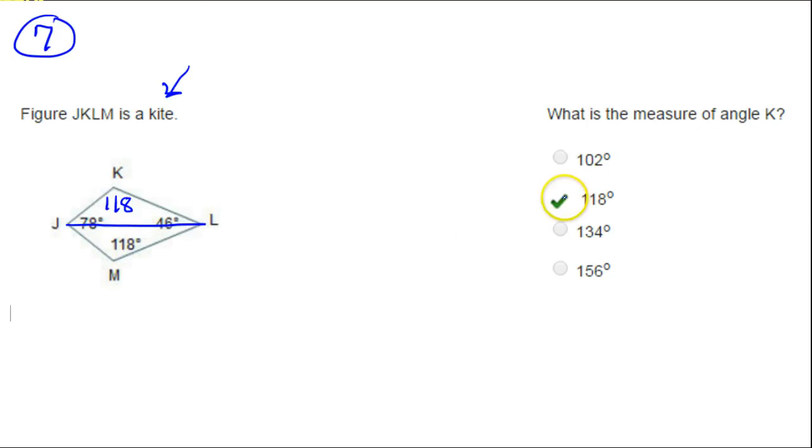What about those numbers in the middle? They don't matter to this particular question. They don't have to be the same, obviously, since one of them is 78 and the other one's 46. But the question just simply asks us for the measure of angle K, and all we needed to know was that angle K was 118.